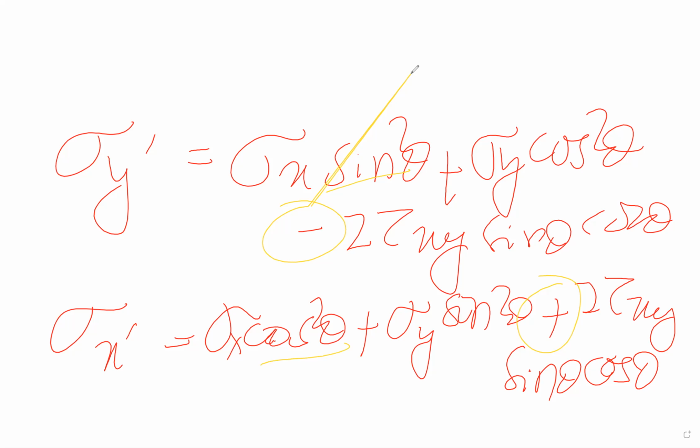Sin of theta plus pi by 2 is cos theta, so it is simply converted. These are the stresses on the oblique plane, drawn from the point O. So now we have obtained both the stresses on the x dash and y dash planes: sigma x dash is the stress on plane x dash, and sigma y dash is the stress on plane y dash.